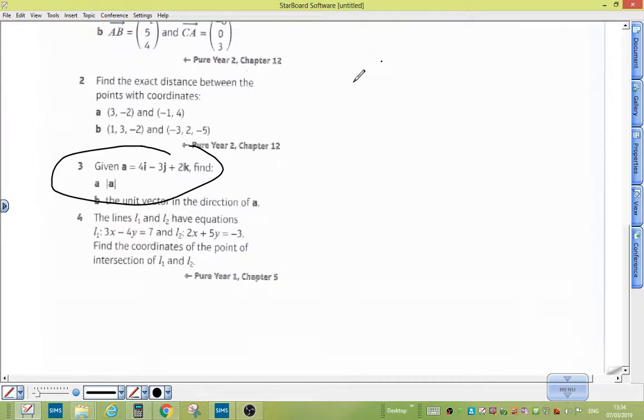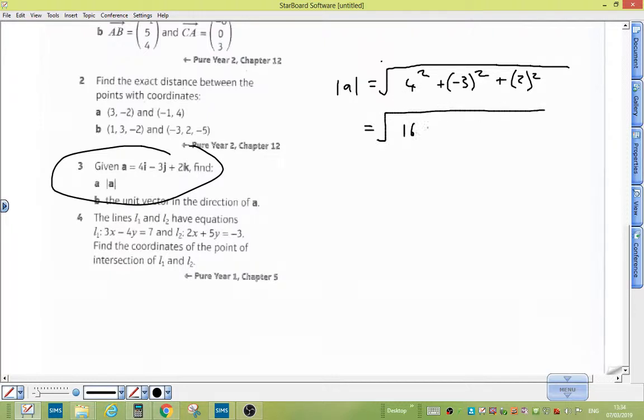Mod A is simply the square root, to get the magnitude, you've got to find the length of the line. And it is 4 squared plus minus 3 squared, plus 2 squared. So that will give you the root of 16 plus 9 plus 4, which is 29, isn't it? So it is root 29. That is the size of it.